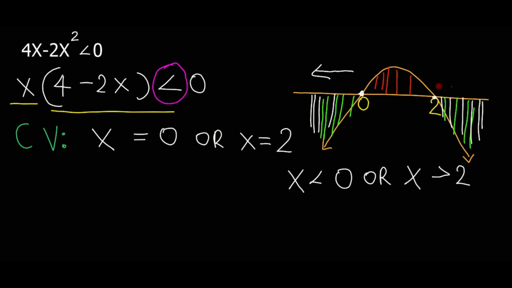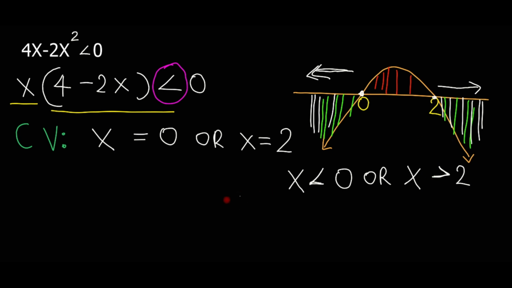So it's greater because re kwane gore arrow ya rena e corresponda le inequality, graph ya rena e ba below the x-axis going to the right and then also going to the left. That is why this inequality points to the left and then this one points to the right.